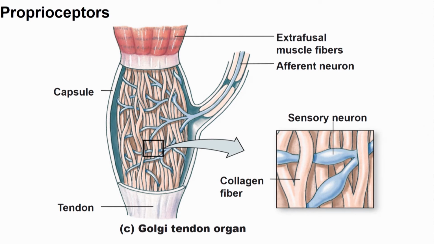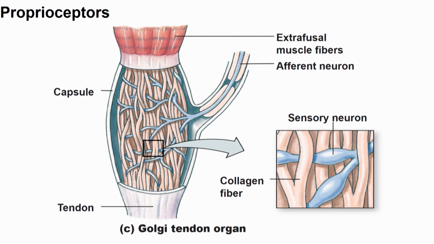Now, Golgi tendon organs. Let us look at Golgi tendon organs in a little more detail. So, tendons are very tough fibers, right. Inside the fibers, okay, there are afferent neurons which are embedded over here. These fibers are made up of collagen fibers which are very tough. You can see that the blue colored ones are the sensory neurons.